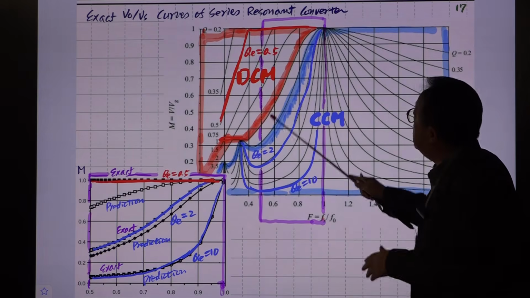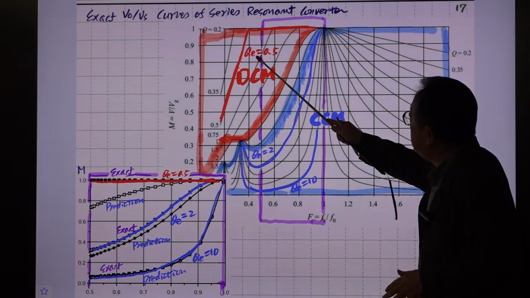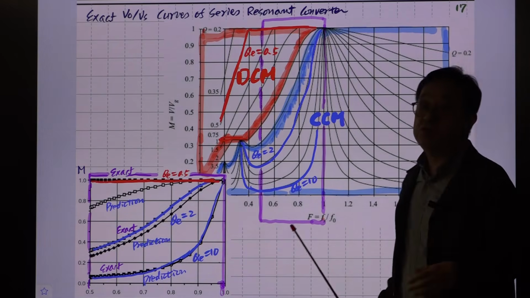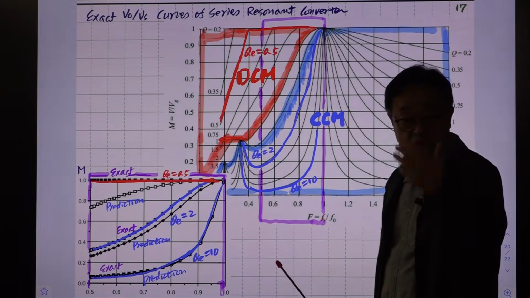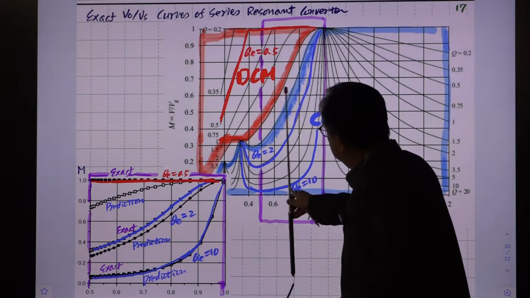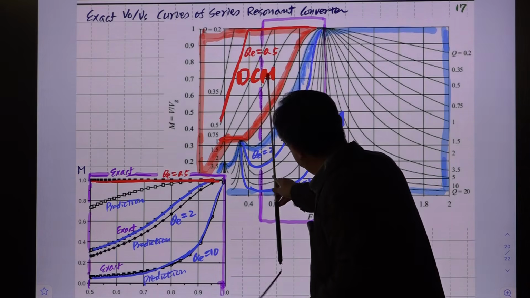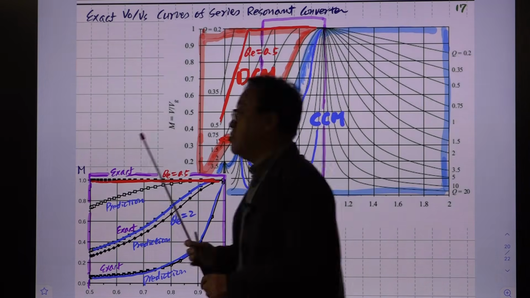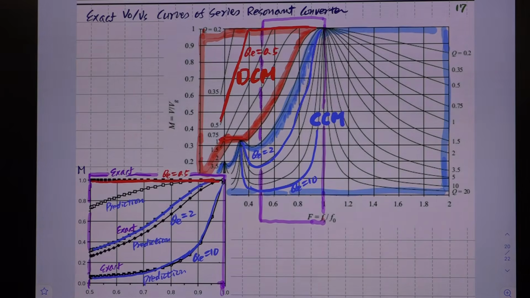Then this Q is inversely proportional to load resistance, for the light load situation or heavy load situation. The switching frequency is fixed here, but the operating point can be located here, depending on the value of the load. That is a very, very challenging scenario.